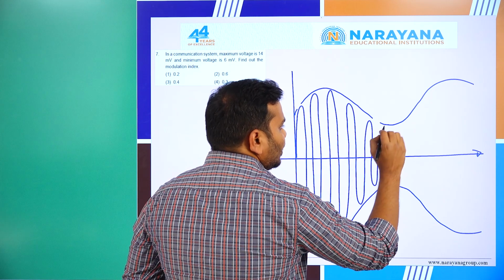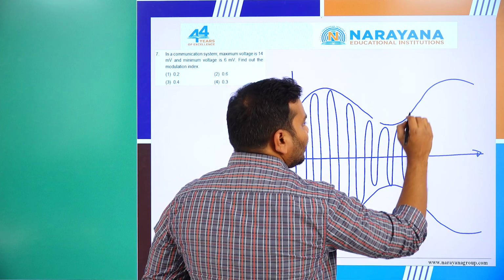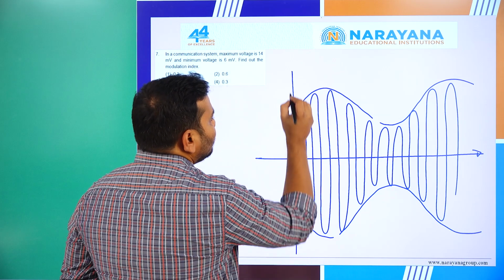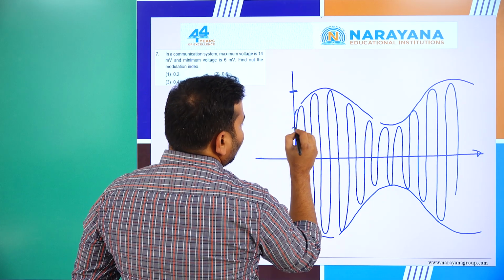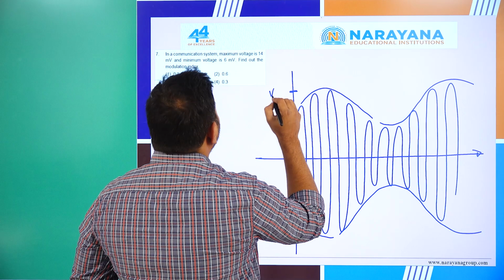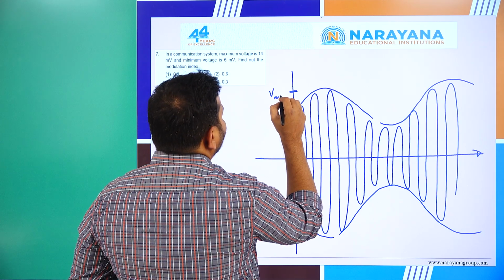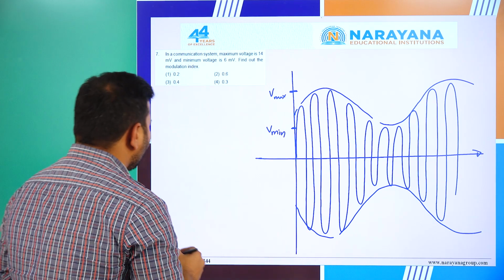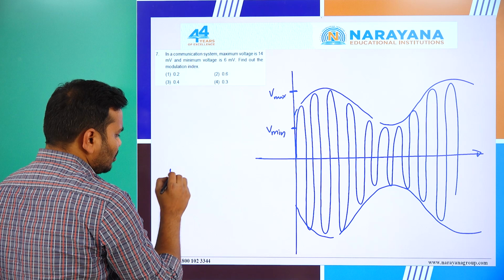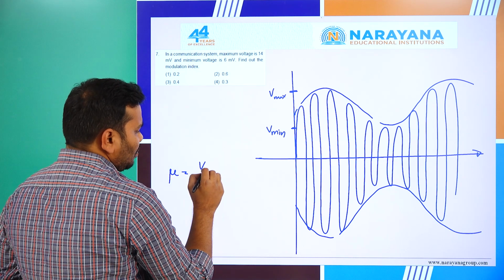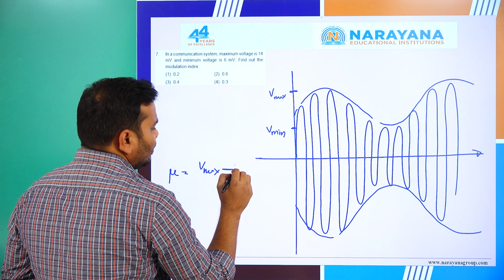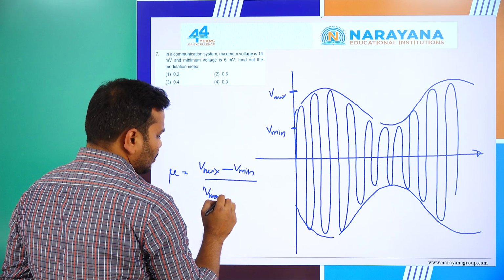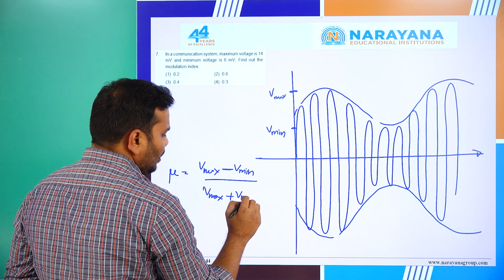This is the modulated carrier wave, and in this modulated carrier wave they have given the maximum amplitude and the minimum amplitude. This is V max and this is V minimum. So directly you can write modulation index mu is equal to V max minus V minimum divided by V max plus V minimum.